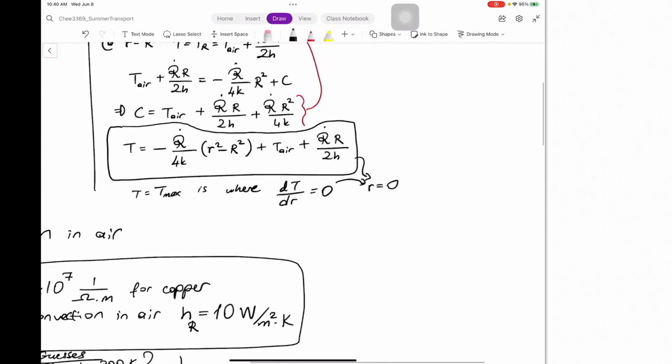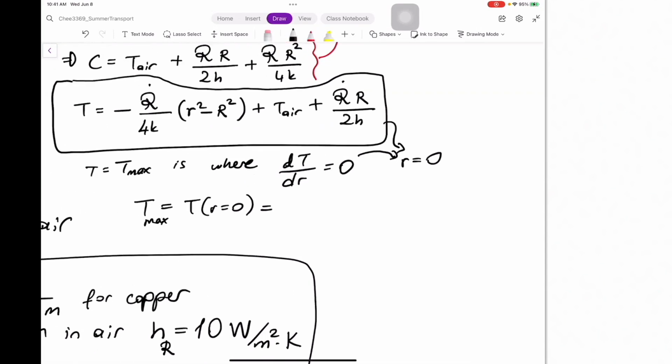Okay. And you need to find out the temperature at R is equal to 0. So T max is equal to T at R is equal to 0. You just plug in this R is equal to 0 in the formula, and then you find out it's positive fancy R dot over 4K capital R squared plus T air plus fancy R dot capital R over 2H. That's the maximum temperature.